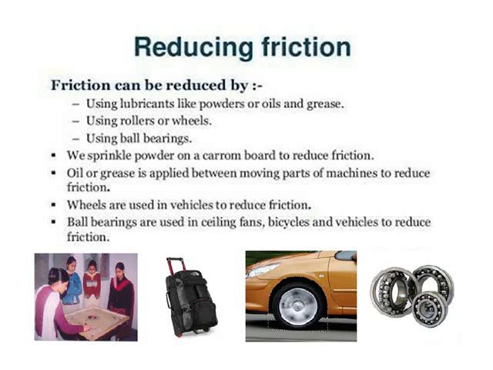Oil or grease is applied between moving parts of a machine to reduce friction. Wheels are used in vehicles to reduce friction. Ball bearings are used in ceiling fans, bicycles and vehicles to reduce friction. So these are the ways in which we reduce friction in our day-to-day life.